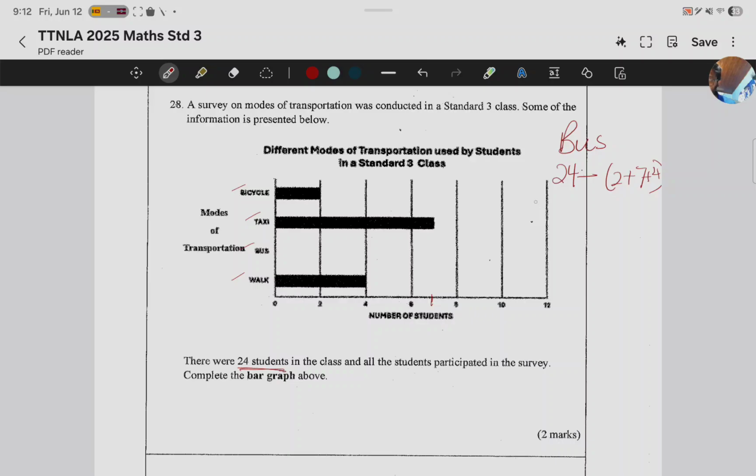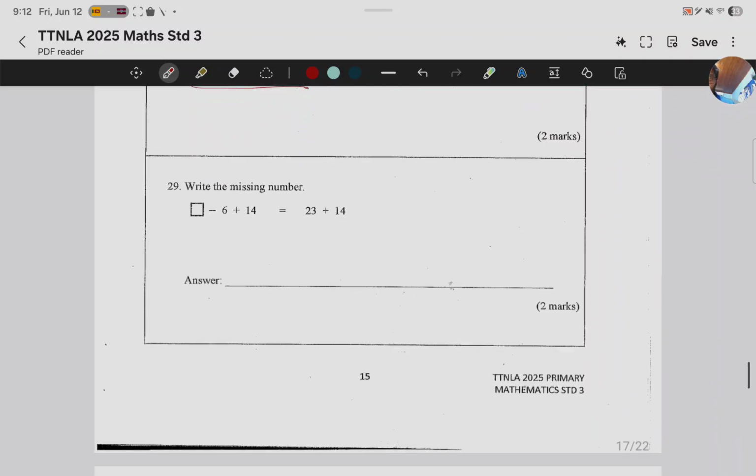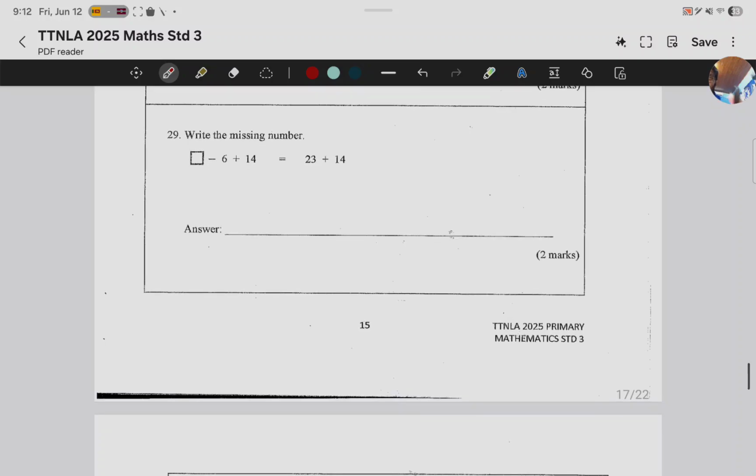So this would be 7, 13, so that's 24, take away 13, which is equal to 11. So that means on the set to complete the bar graph, 11 will be between the 10 and the 12. You try and use your ruler. Good.